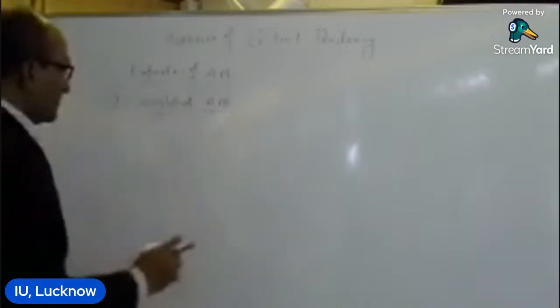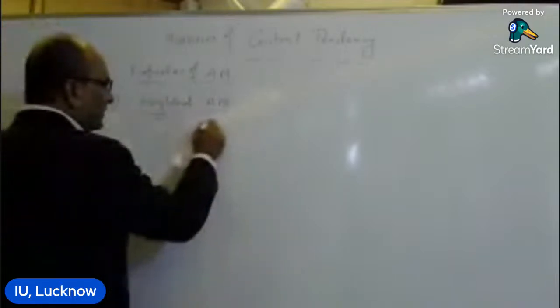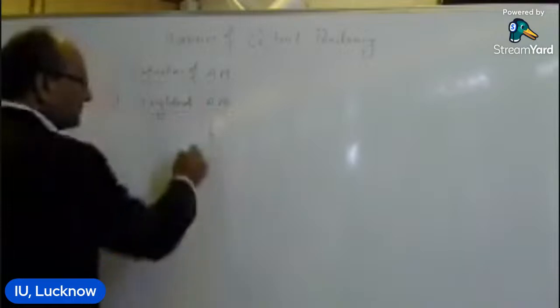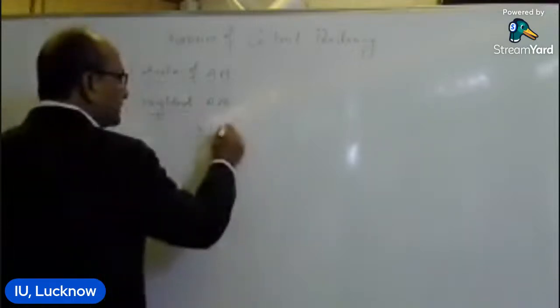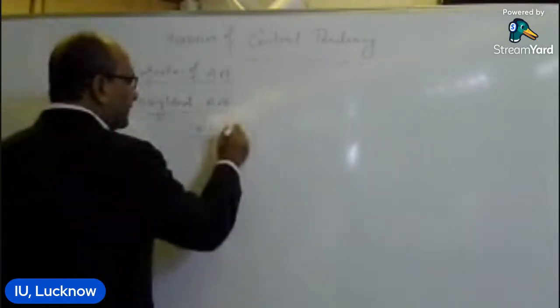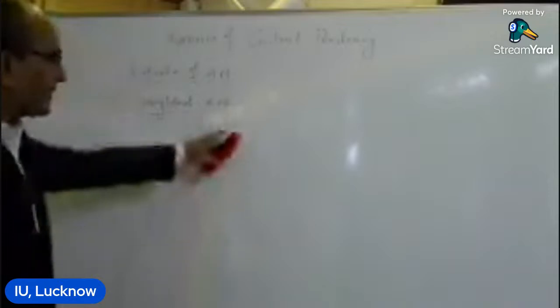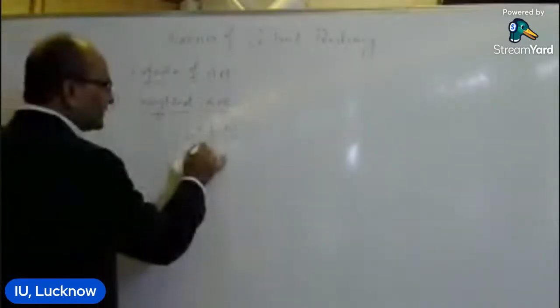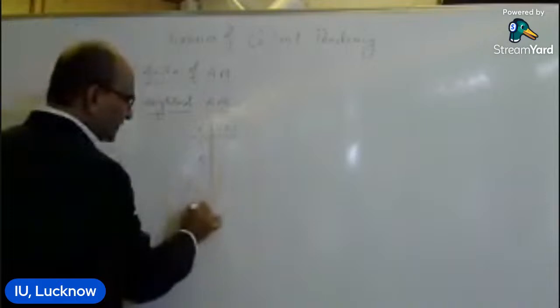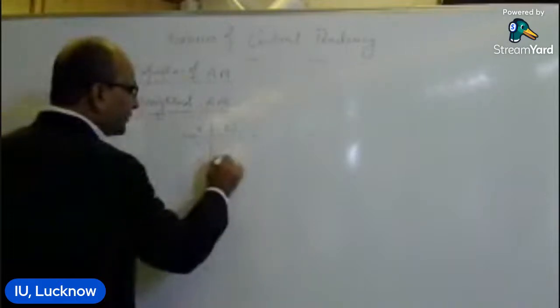Suppose we have the variable x, with their frequency; in place of frequency we have weight, and weight is denoted by w. So here x1, x2, xn with their weights w1, w2 and wn.